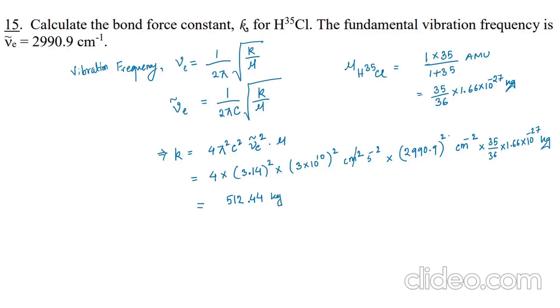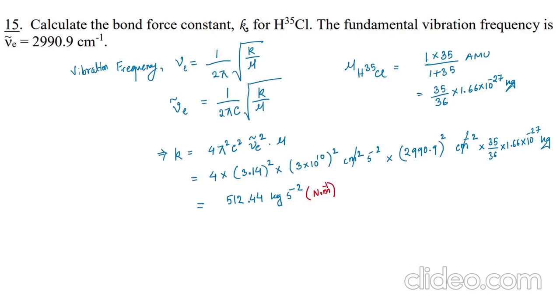So this centimeter square, this is 1 kg second minus 2. So this is what we are getting as unit, and this is your force constant. Another unit is also Newton meter inverse.